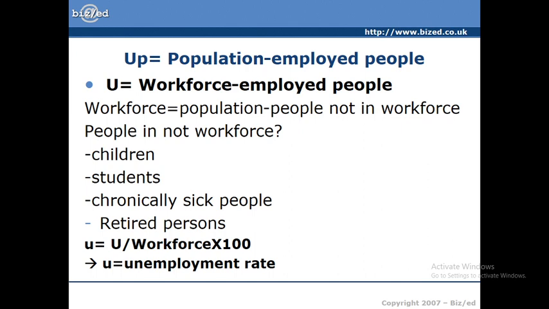Among that, if you deduct the employed people, you will get unemployment in economic terms. Workforce means population minus people not in the workforce. Only people who are in the workforce are counted in the economic measure of unemployment. Now who are these people not in the workforce?